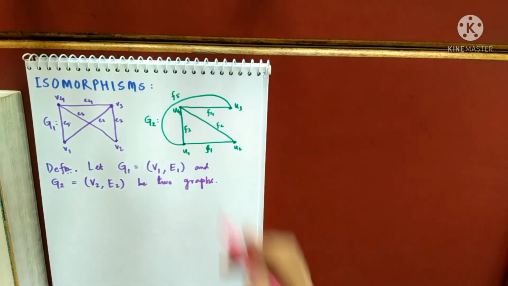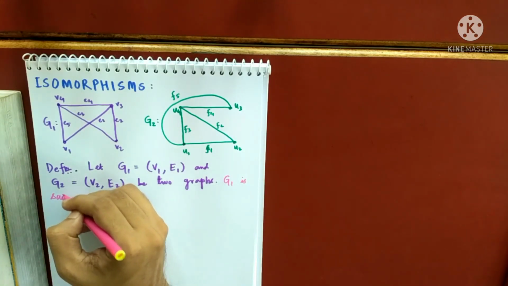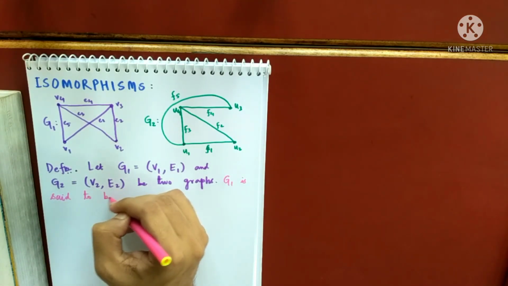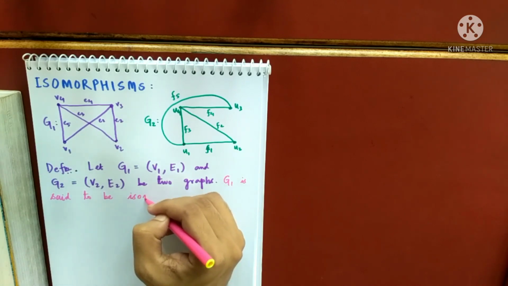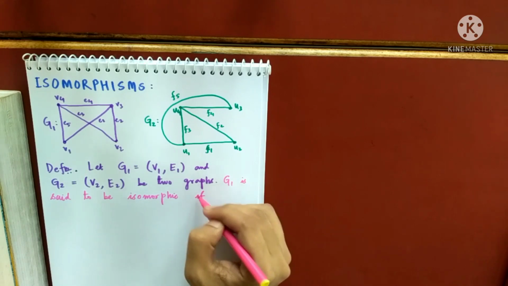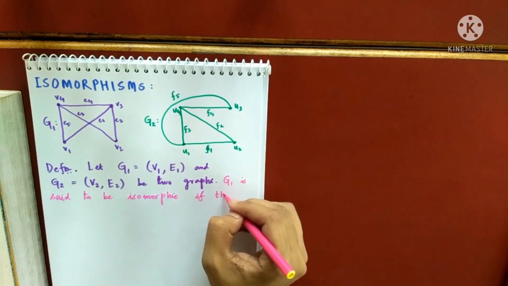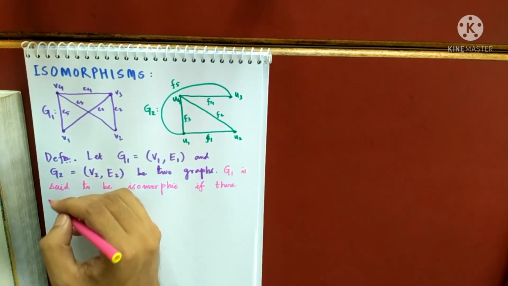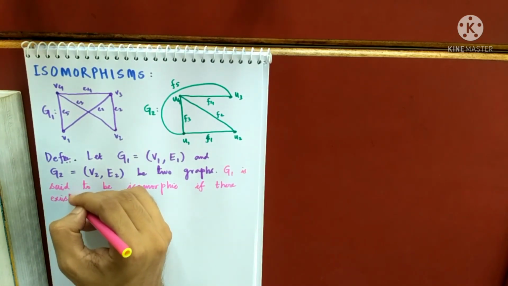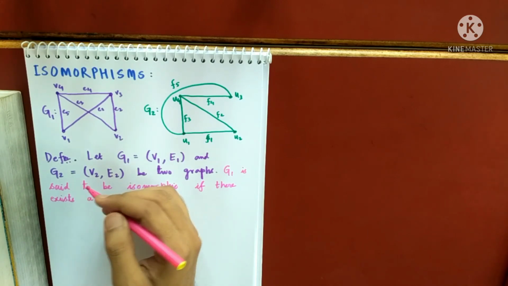G1 is said to be isomorphic to G2 if there exists a one-to-one correspondence.